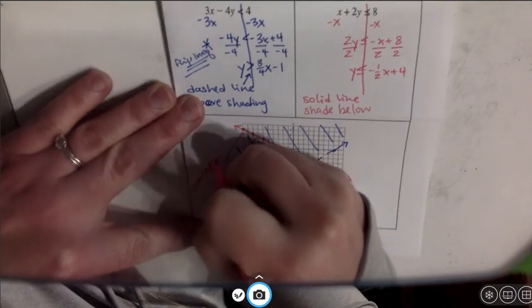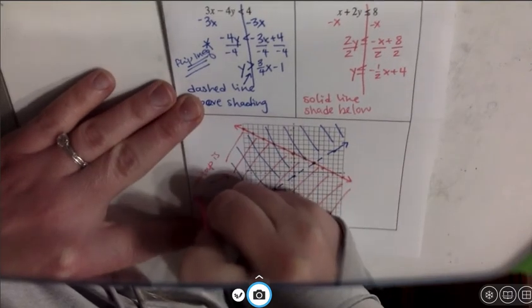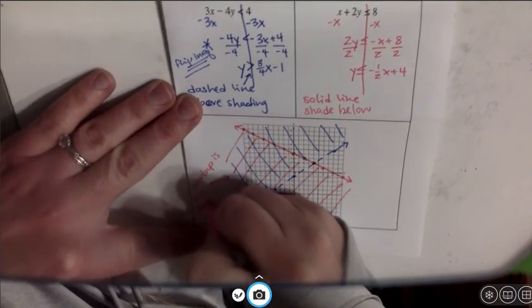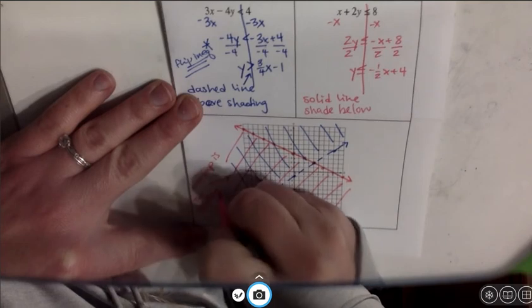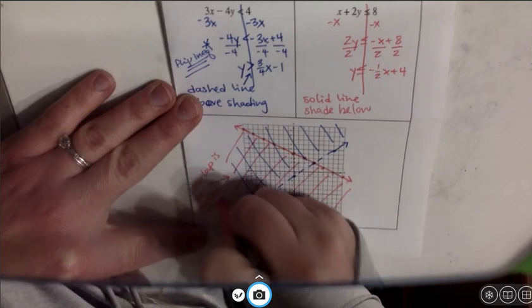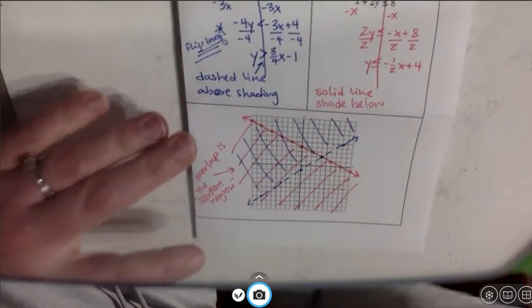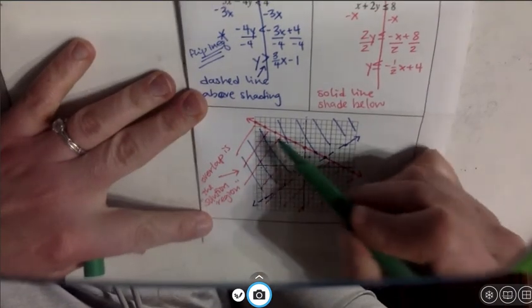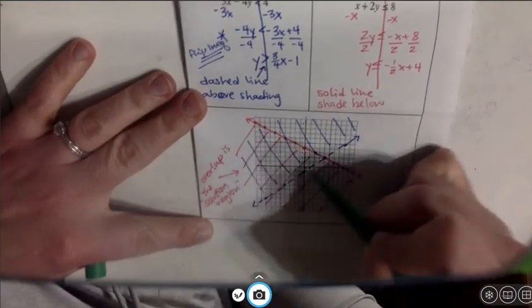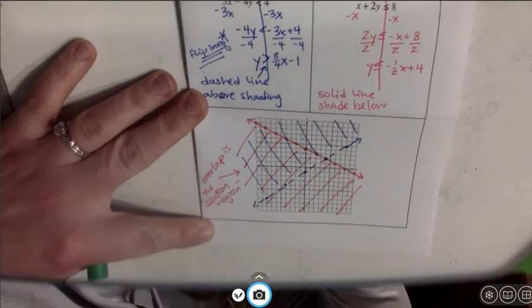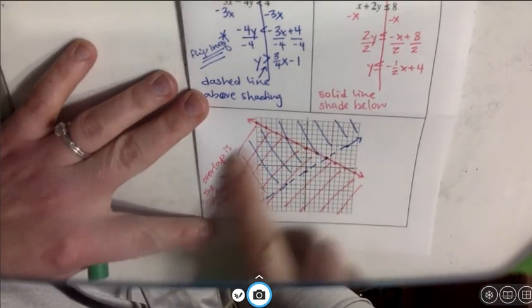So the overlap is the solution region. So any point that falls in this part of the graph is going to be a solution to this system.